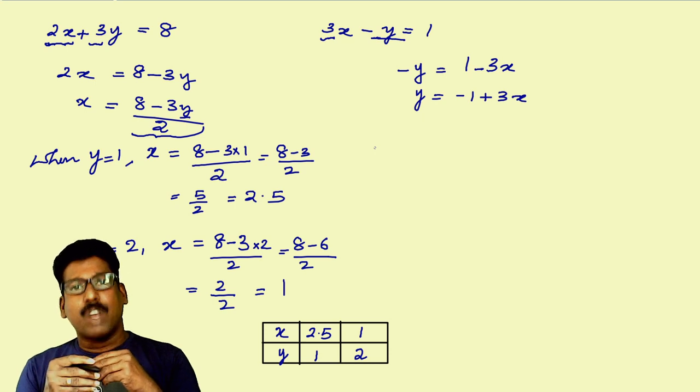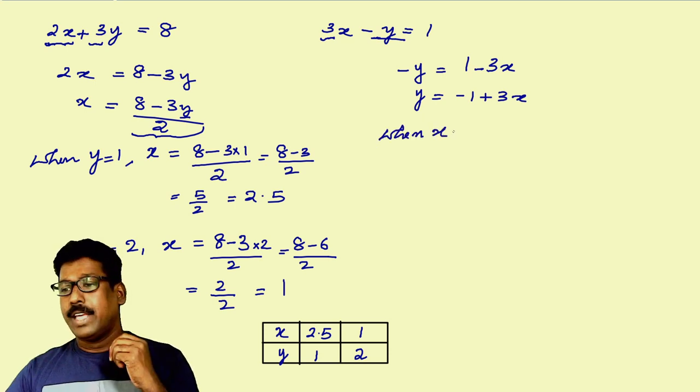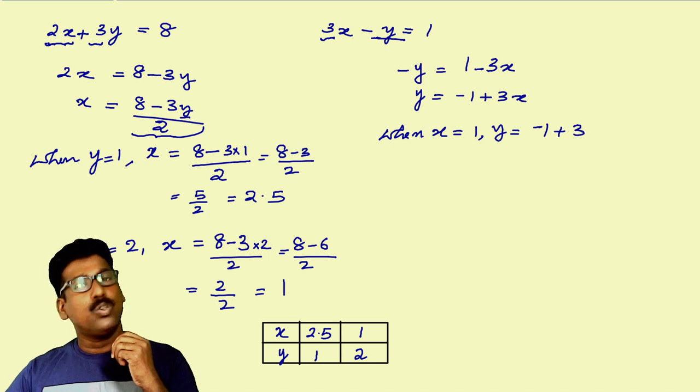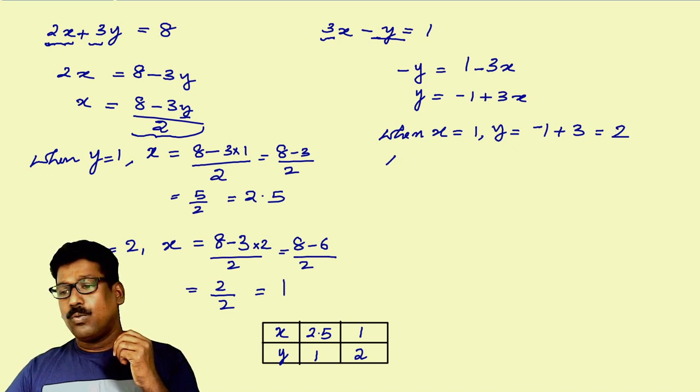Here you can take the values for x. x is equal to 1. What is the value of y? Yes, it is minus 1 plus 3 into 1, it is 3. Minus 1 plus 3 is equal to 2. Now, when x is equal to 2, what is the value of y?